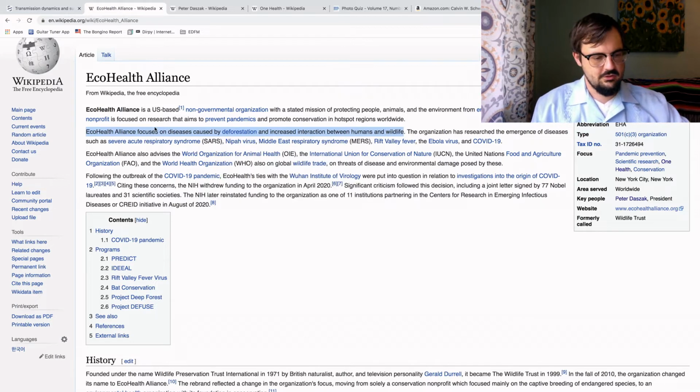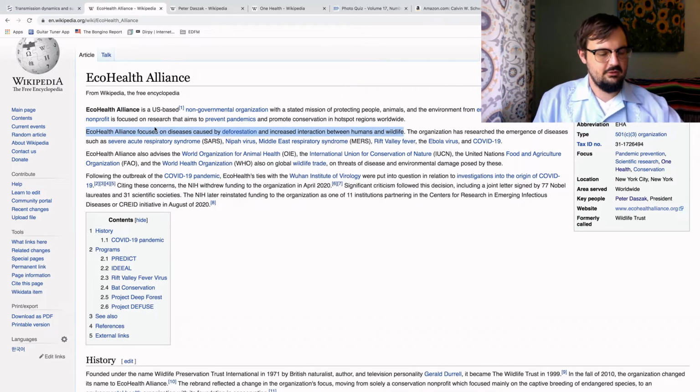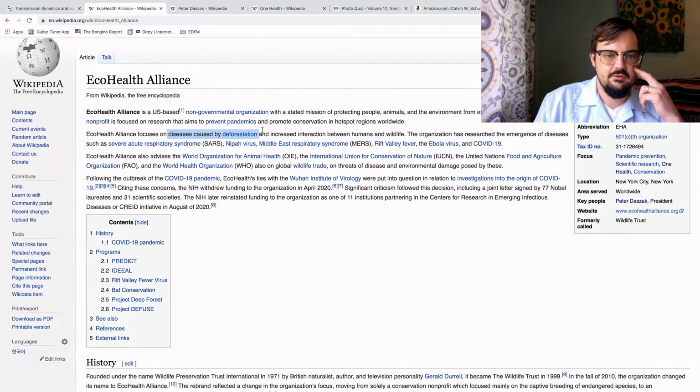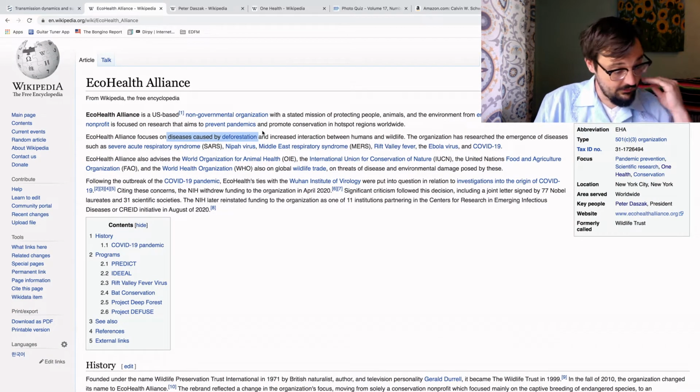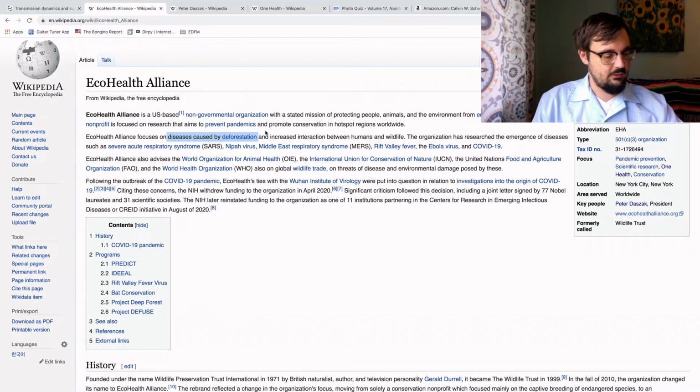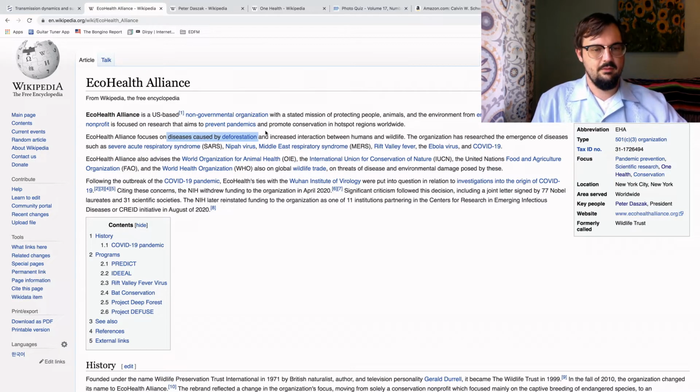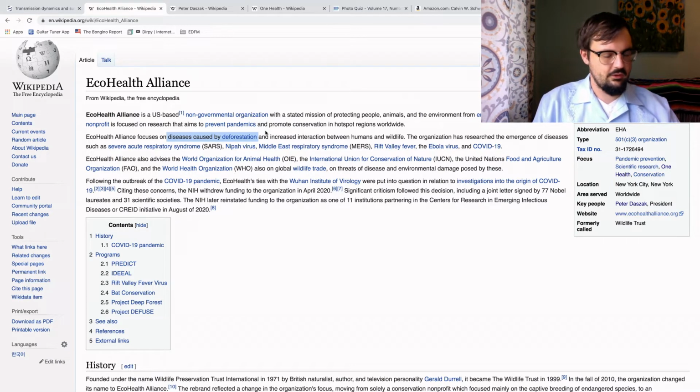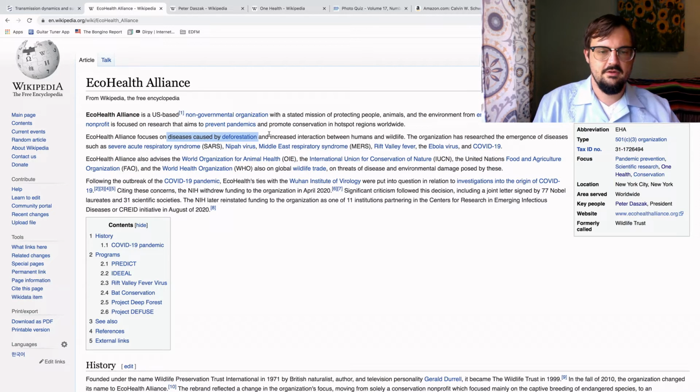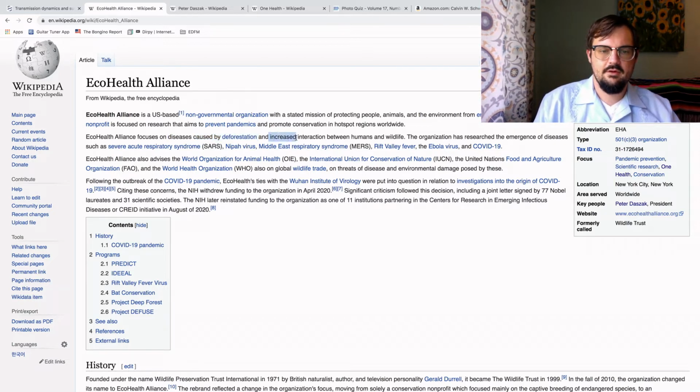So you terrain theory proponents have a lot to chew on with this little sentence here. Diseases caused by deforestation. That's a fascinating topic that, as we see when we get into the paper, is not really supported by the findings of this paper, but it's a fascinating subject nonetheless. And then increased interactions between humans and wildlife.